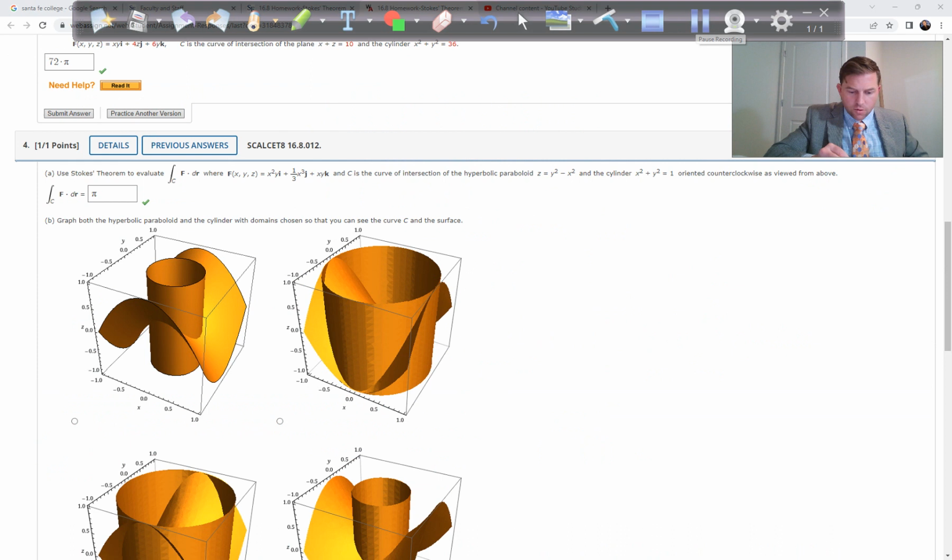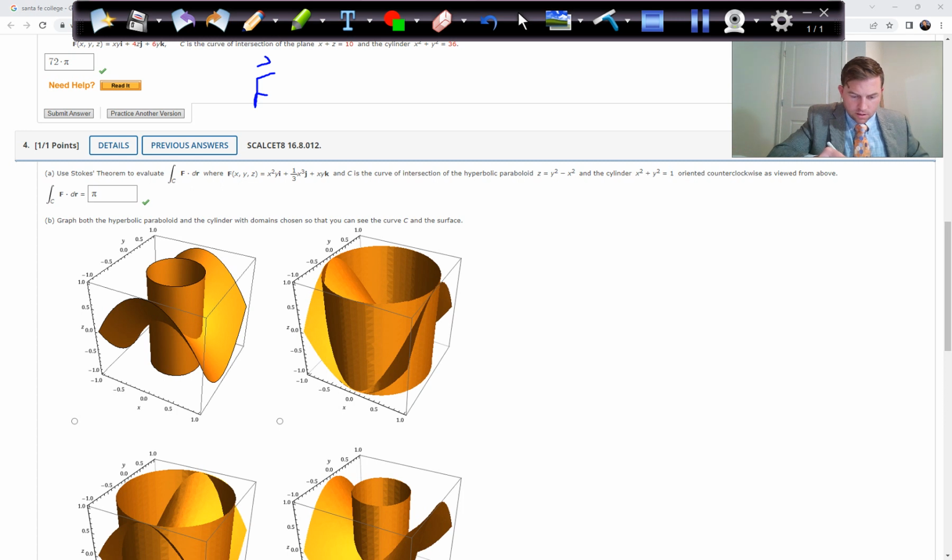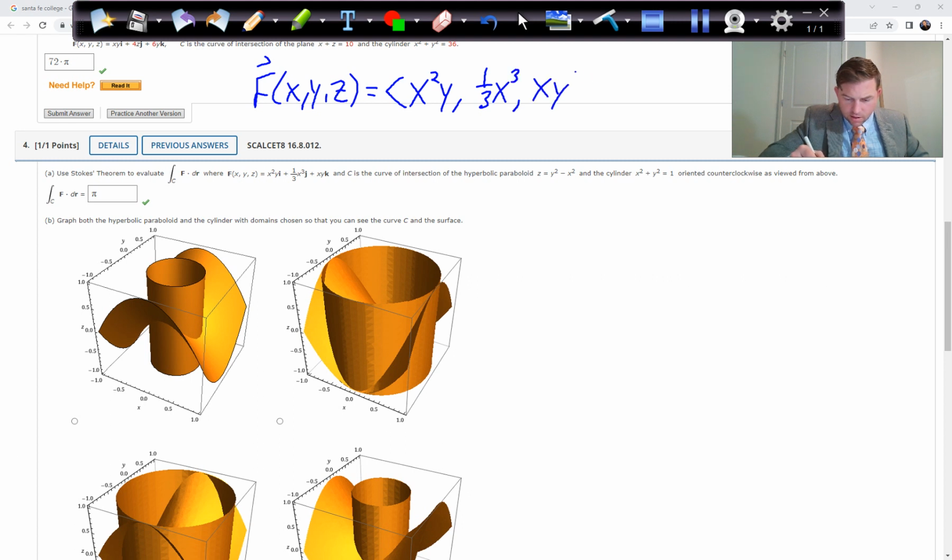Okay, for problem 4, we have Stokes' theorem again. We've got F is x squared y, comma 1/3 x cubed, and xy. And this is probably where I won't show the curl anymore.